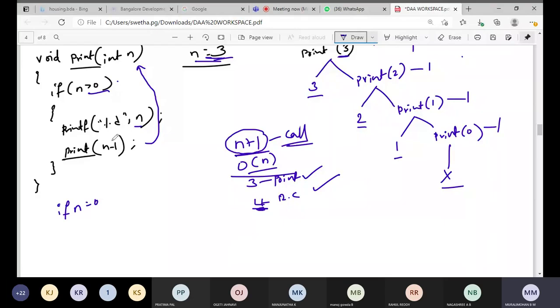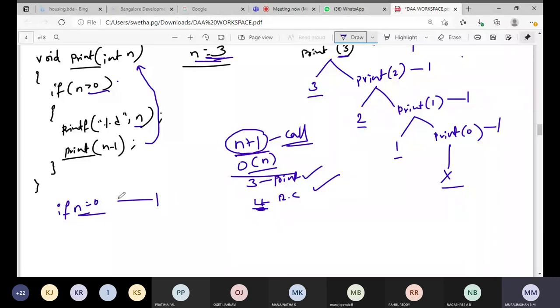We are not executing anything here, right? If n is greater than 0, and 0 is not greater than 0, we are not executing anything, so we directly come out of the loop. So in time complexity, if n is equal to 0, we cannot take it as 0, we will take some constant value 1, or if you want you can take it as c. Is it clear?